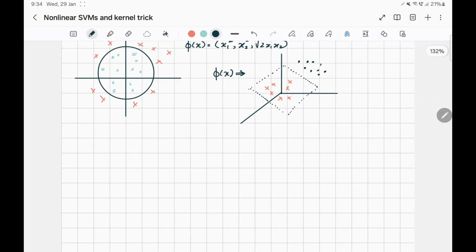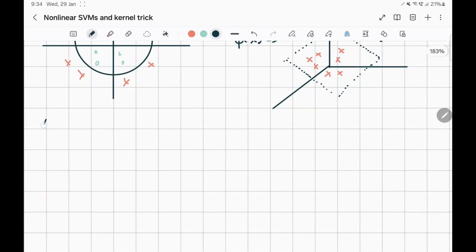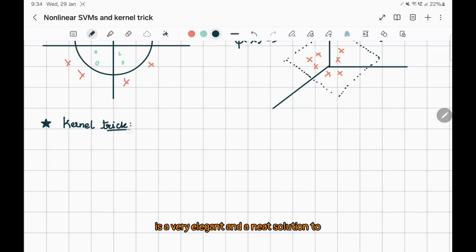So this is where we introduce the famous kernel trick. The kernel trick ensures that the operations are computationally efficient, and we also get a good classifier while doing this. It is a very elegant and neat solution to the problem I've described.